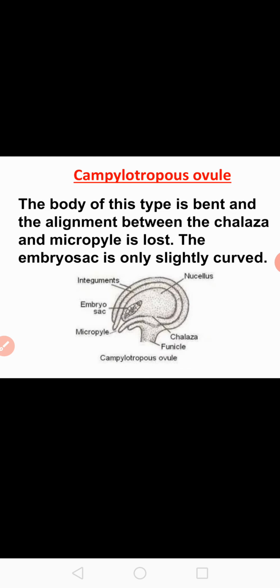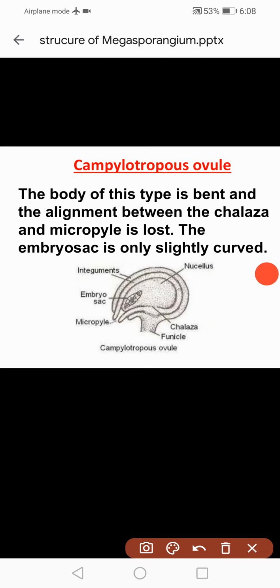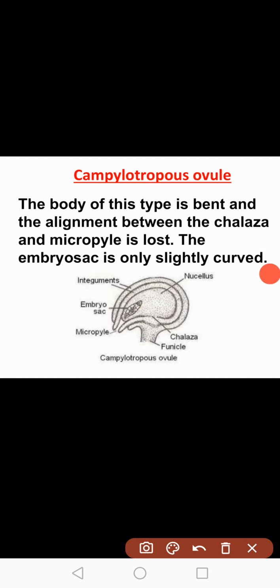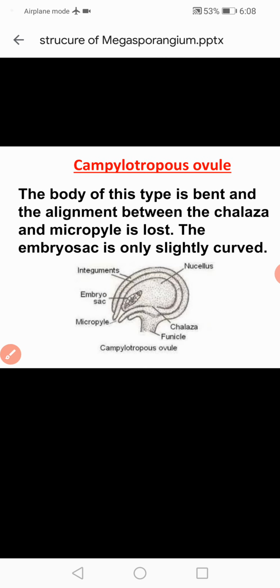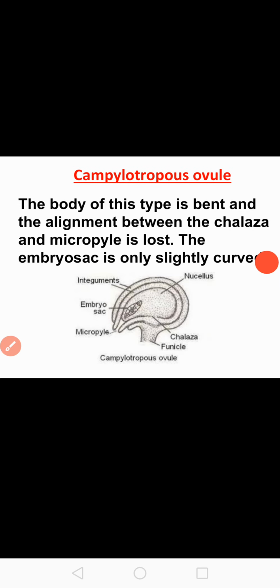But in campylotropous, it is also a bent type of ovule, but the alignment of the chalaza, where is chalaza? Chalaza is here. So the alignment of the chalaza and the micropyle is lost here, and the embryo sac itself is only slightly curved in this type of ovule. So this is about the campylotropous ovule.